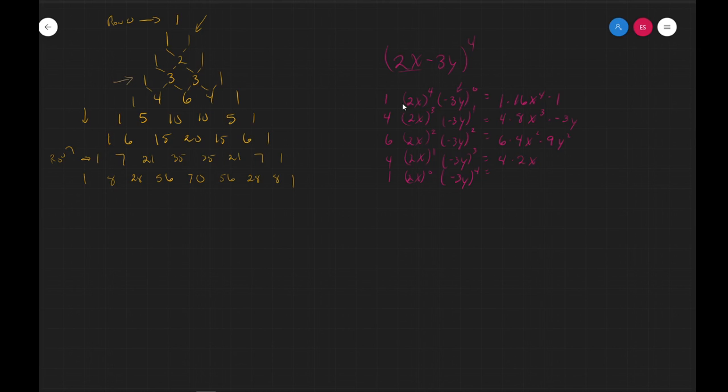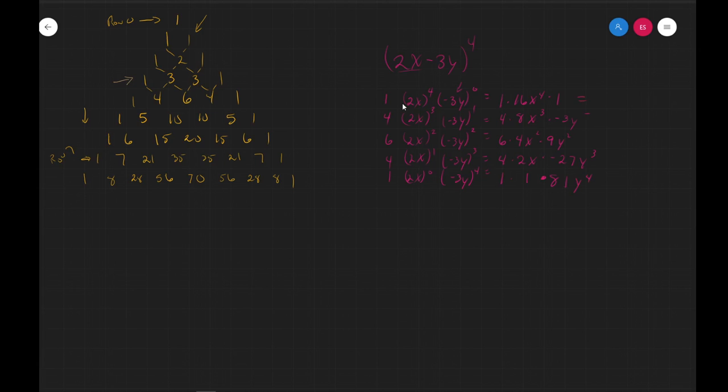Negative 3 times negative 3 is positive 9, times another negative 3 is negative 27y cubed. And then 1 times 2x to the 0th power, which is 1, times negative 3 to the 4th power, which is 9 times 9, which is 81y to the 4th.